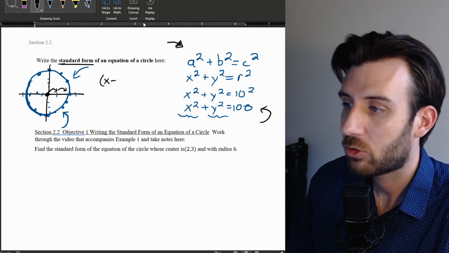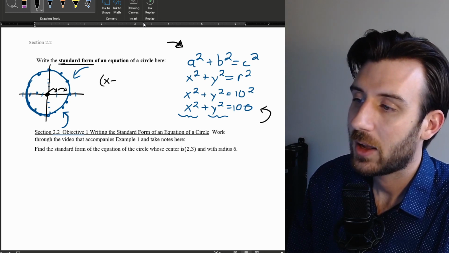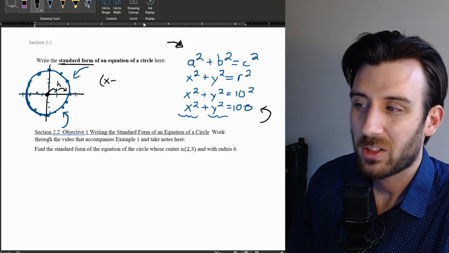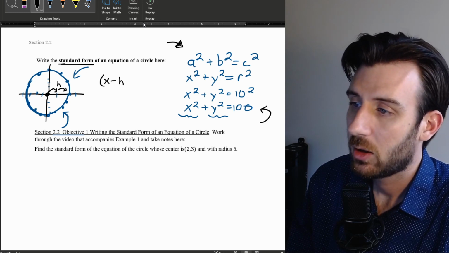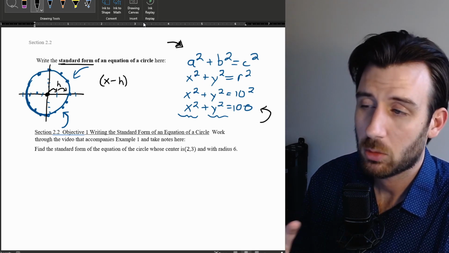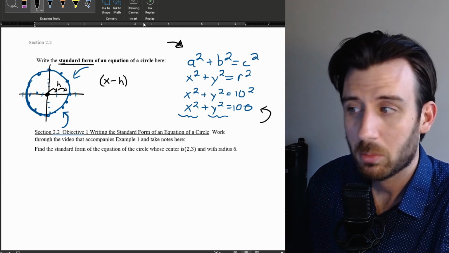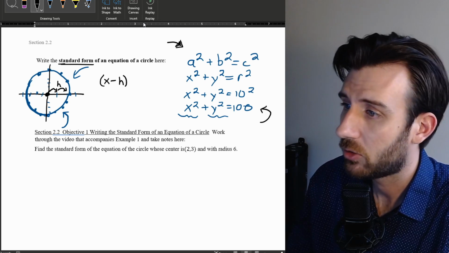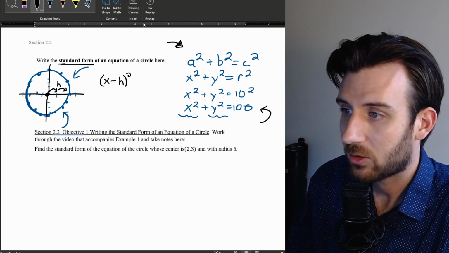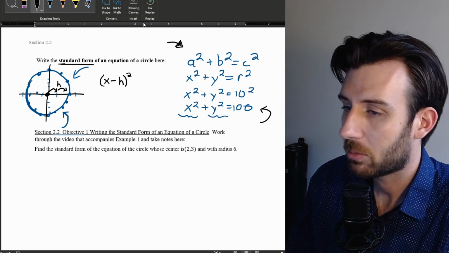So if I was trying to move my axis over by a certain number of steps, let's call it h, I would just need to subtract that number from x. That would move all of the coordinate system over, and it would make it look like my circle started somewhere else. All right, so x minus h, and then squared, right? Whatever I do to the x just affects it, and then I'll square it like I did with the parabola.